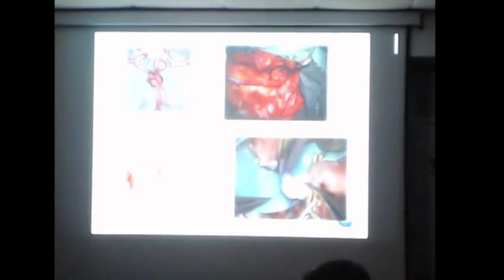So at least I reconstruct the right side callosomarginal artery. First, I planned to do the right side callosomarginal artery reconstruction.